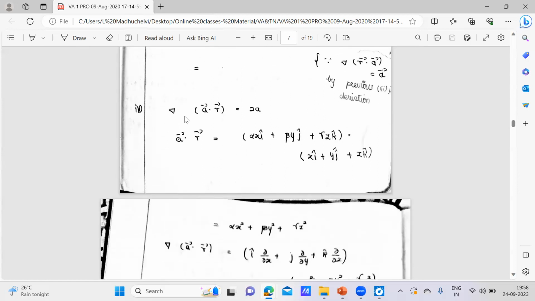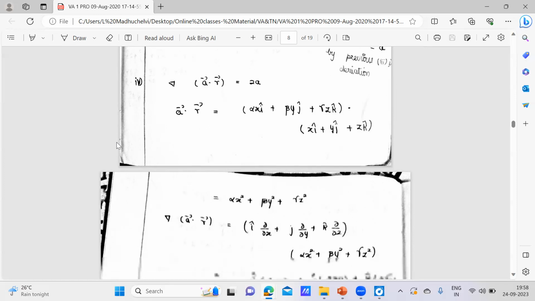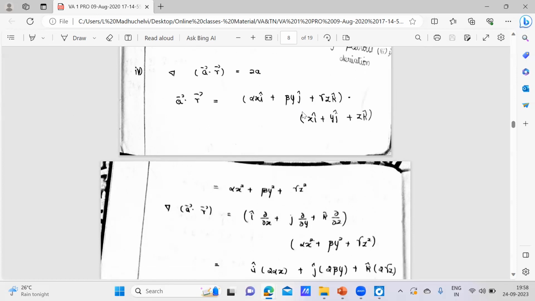Second one, we have to prove del of A dot R equal to 2A, where A equal to alpha xi plus beta yj plus gamma zk. So A dot R is alpha xi plus beta yj plus gamma zk dot xi plus yj plus zk.